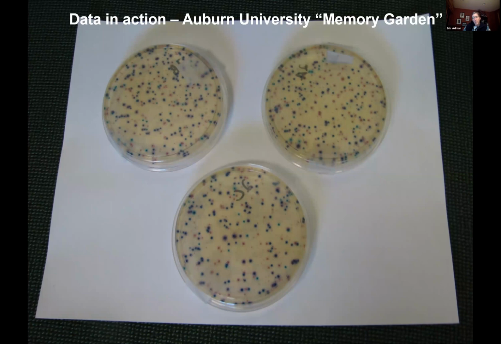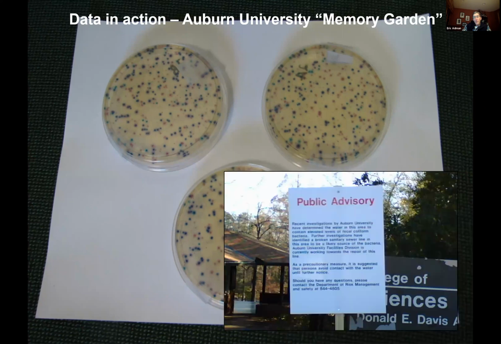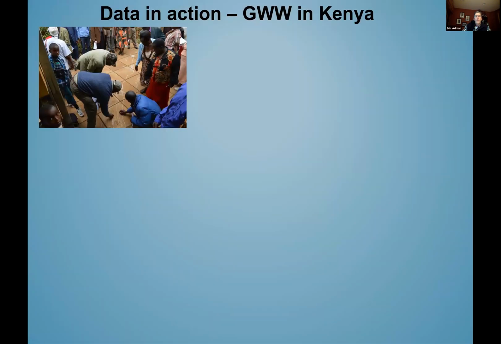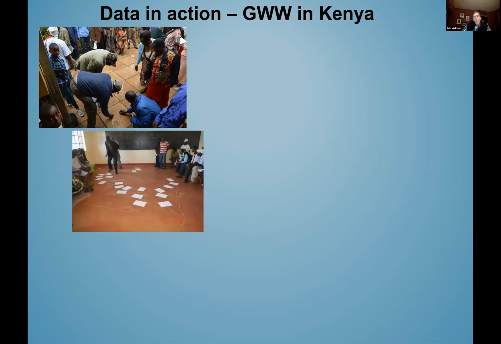Here's another example showing a high number of E. coli colonies found at a particular place at Auburn University. Because the levels were so high, they put up a warning sign. Here's an example from a Global Waterwatch workshop in Kenya.